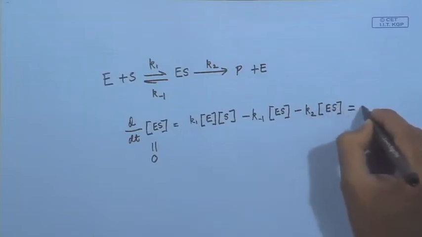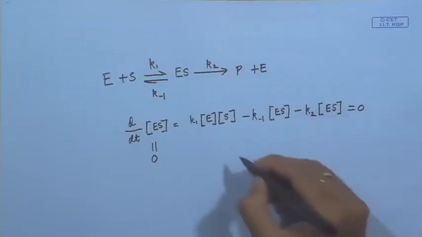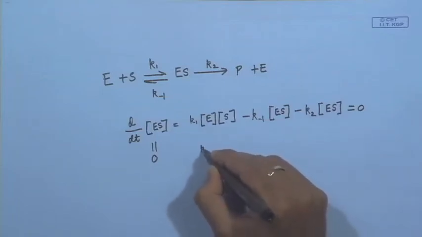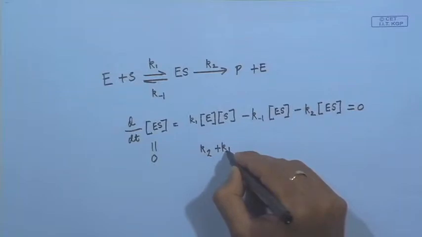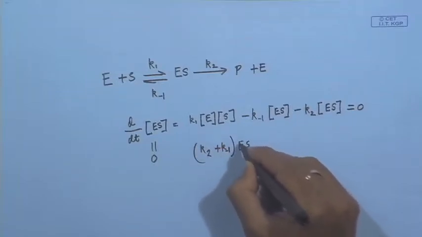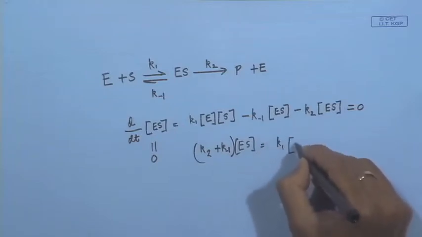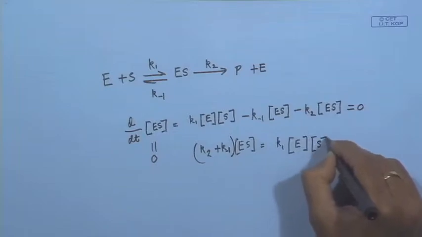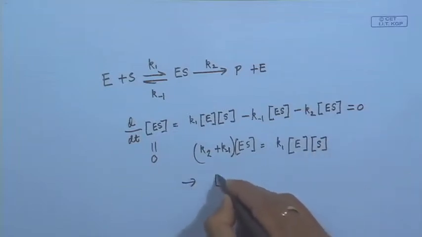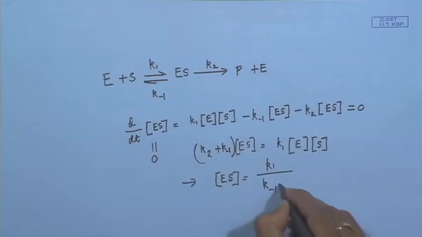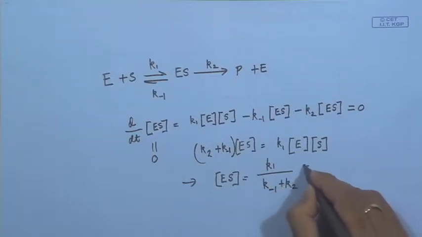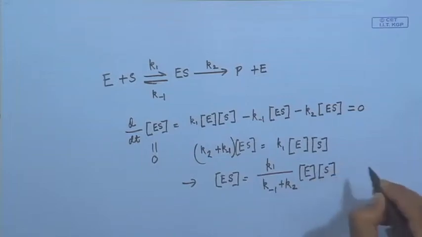That means (k minus 1 plus k2) times ES is equal to k1 times E times S, or the concentration of the ES intermediate is k1 by (k minus 1 plus k2) times E times S. Because you are applying steady state approximation, and this is your substrate concentration.